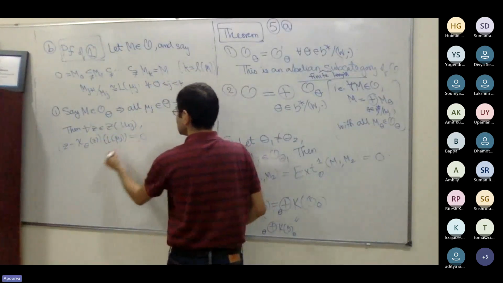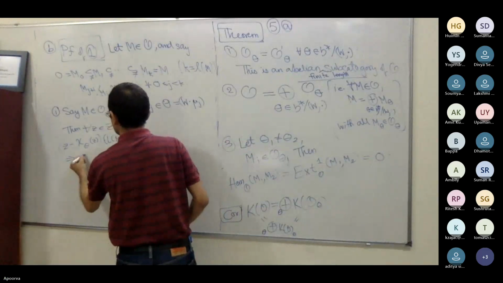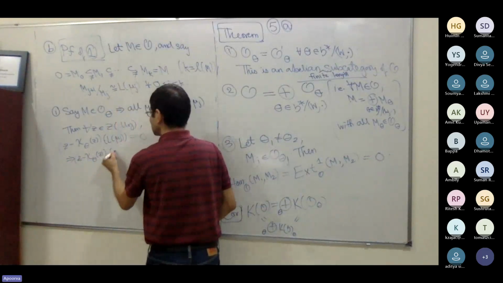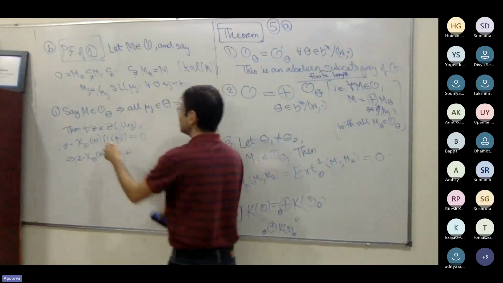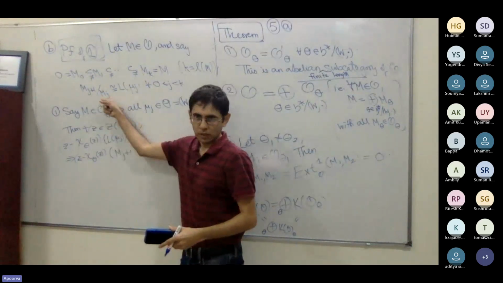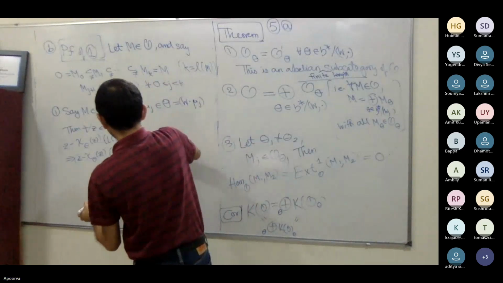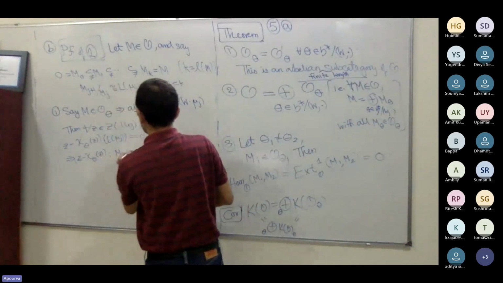Therefore, what does it mean? It takes Mj plus 1, what is Lmu j, it kills this. It means it sends this into the lower object.